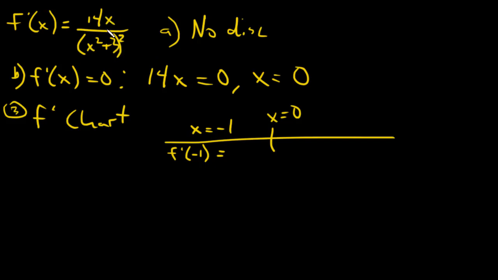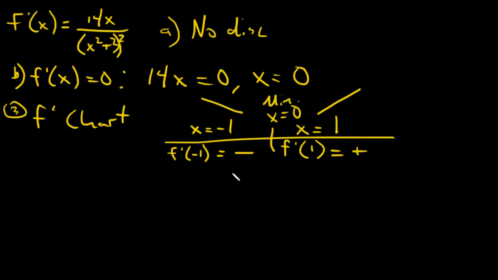If I put a negative 1 for the x up here, it's going to become a negative divided by positive, which is negative, which means the slope is going down. And then if I choose a positive value, like x equals 1, I'm going to get the opposite, because now the top is positive over the positive, which is positive, which means I have a slope going up. So that means that x equals 0 is what kind of critter? Yes, that is a minimum.